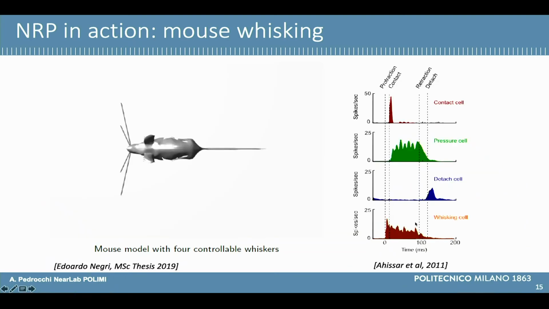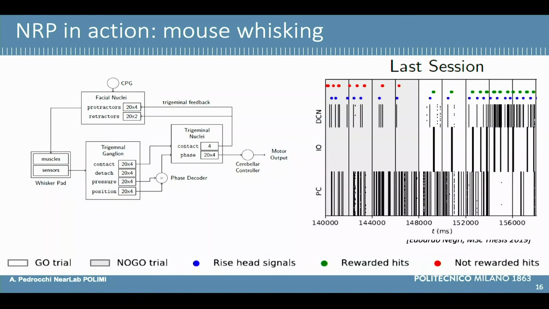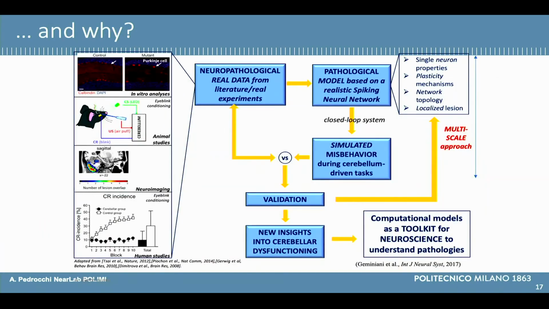And so we have put on the neurorobotic platform a mouse, but it didn't have any whiskers, so we put in the whisking, and we are now adding the trigeminal ganglion and the facial nuclei. As you have the virtual robot, you need to build the brain structure for controlling all the parts.